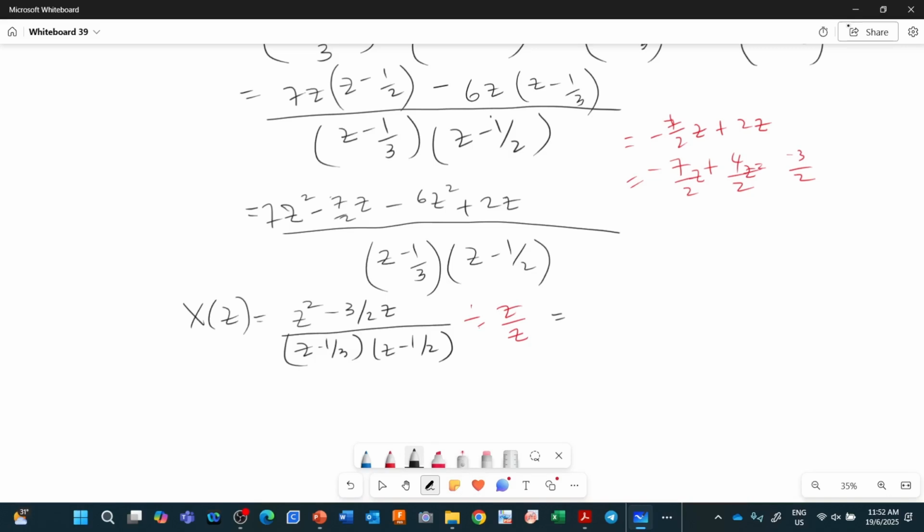So you divide by z over z, then you get z minus 3 over 2, over 1 minus 1 over 3 inverse z, times 1 minus 1 over 2 inverse z. So this is the answer.